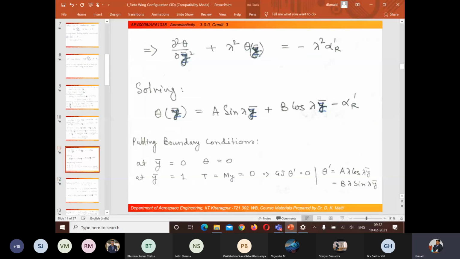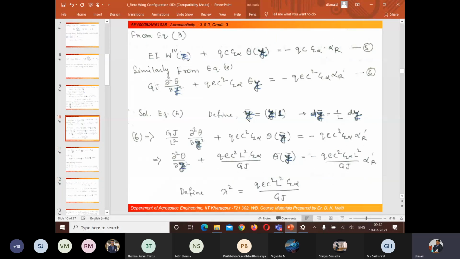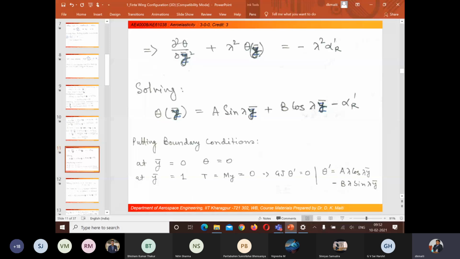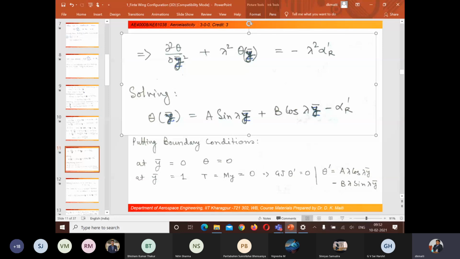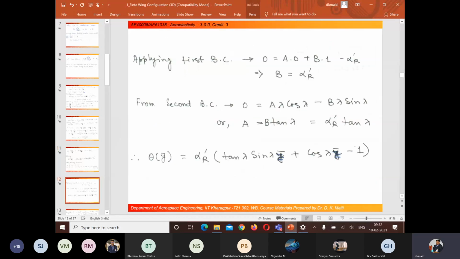The first equation I have not considered, just to get the solution here. I am taking the second equation, getting the solution, and then substituting the boundary conditions. Finally I get the solution in this form: theta y bar is alpha r prime, tan lambda sin lambda y bar plus cos lambda y bar minus 1.